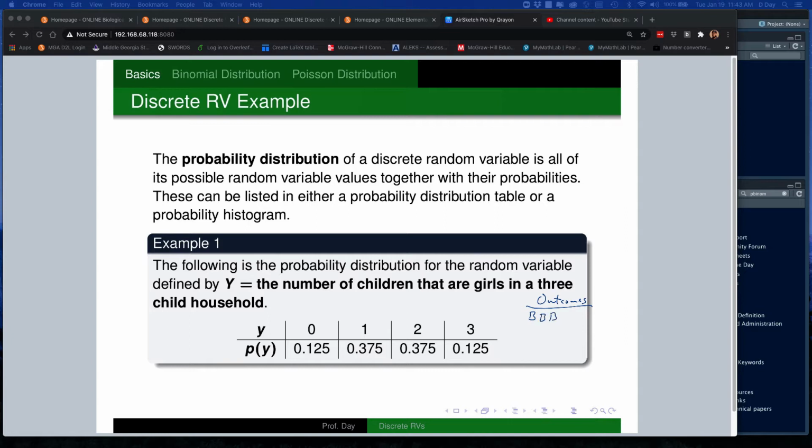That's the no girls. To have 1 girl, go ahead and put a G there with 2 B's. 1 girl, 2 boys. And I can shift that girl around and go boy, girl, boy, boy, boy, girl. Thinking about the order they're in as they go from left to right somewhat matters here, because the children are different children. So there's 3 different possibilities there.